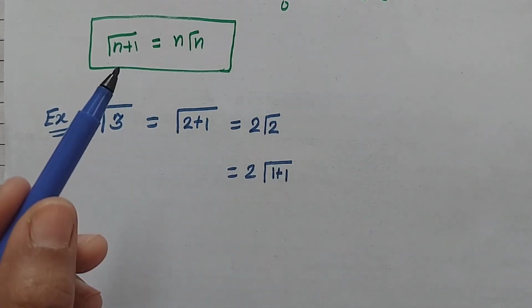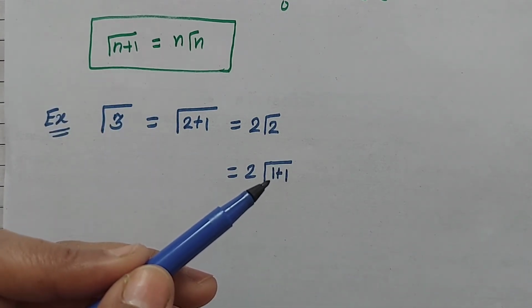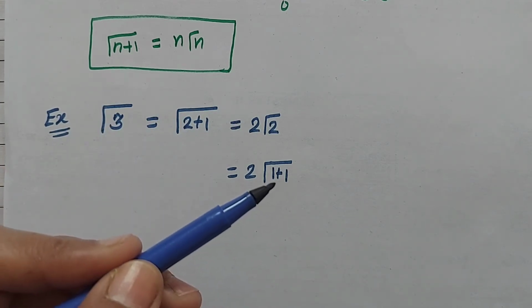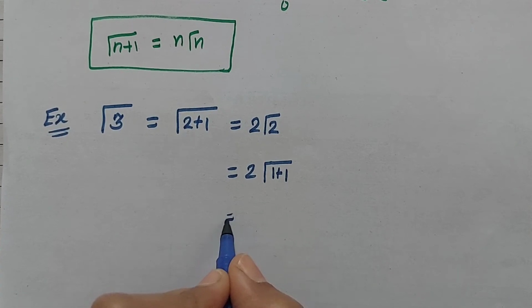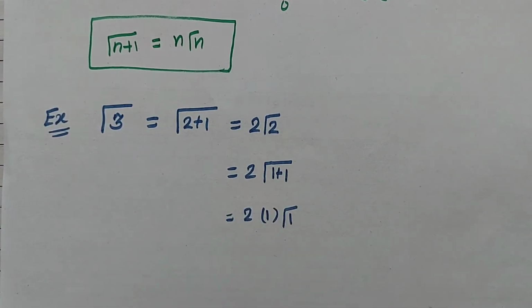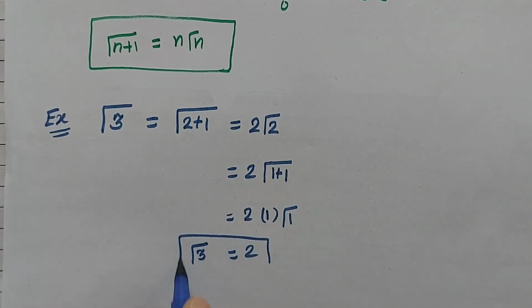Again use the same property. Here n is 1, so by the above property it is 1 into gamma of 1, but we know the value of gamma 1 is 1, so the answer for gamma of 3 is equal to 2.